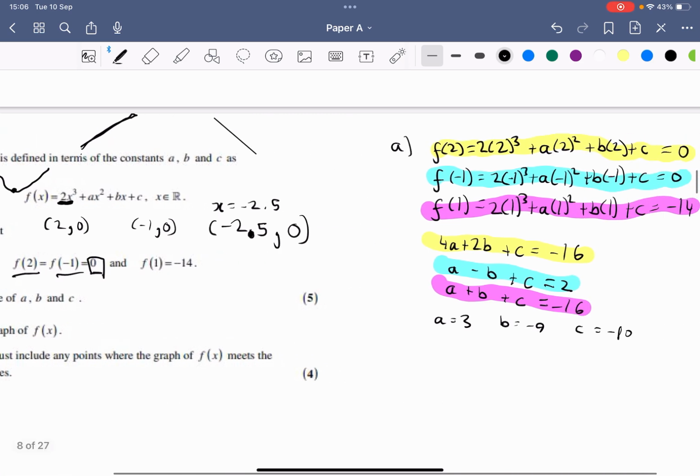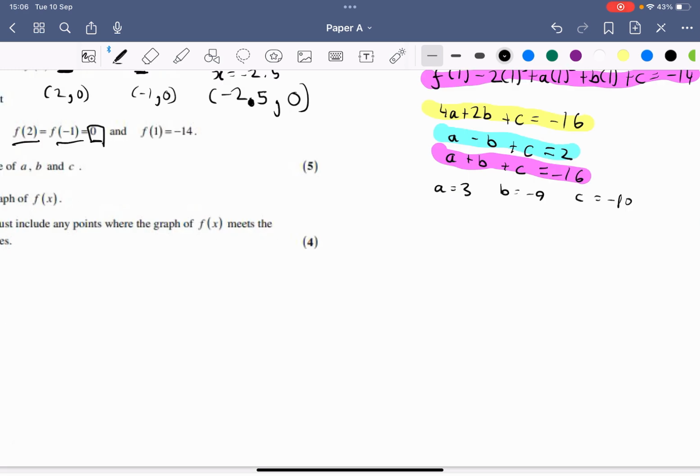And we know the y-intercept is going to be our c here, so minus 10. So I'm just going to draw the axes. Minus 10 is our y-intercept. Our roots are 2, minus 1, and minus 2.5.